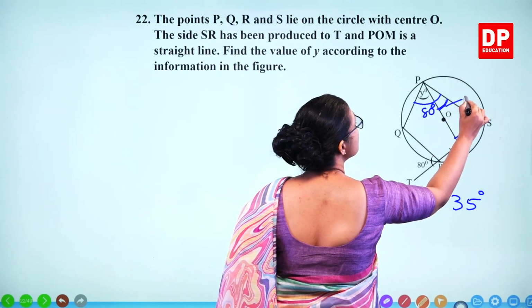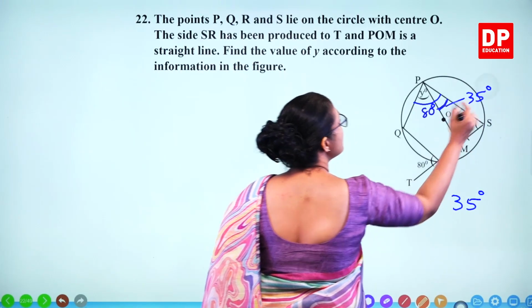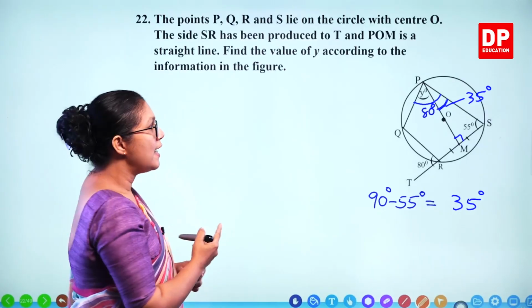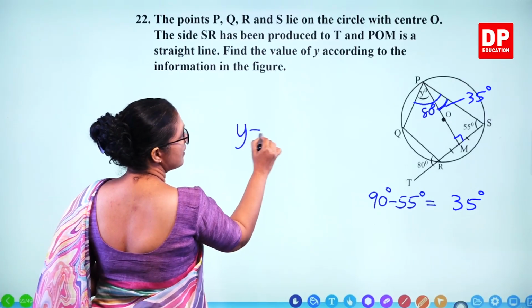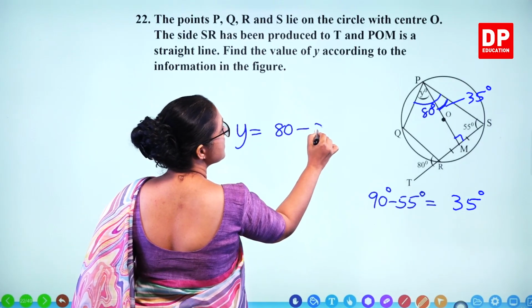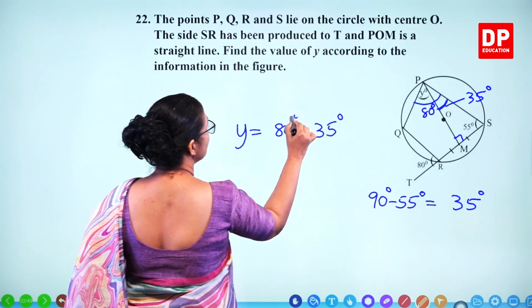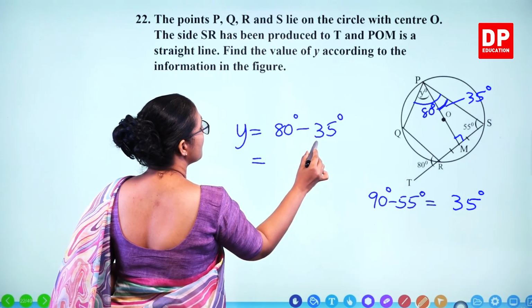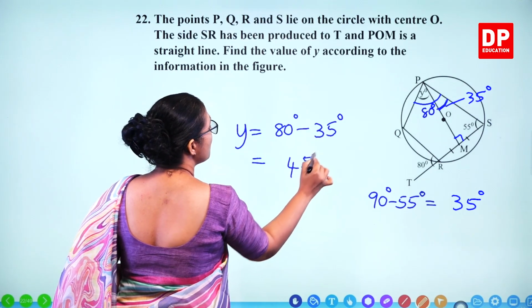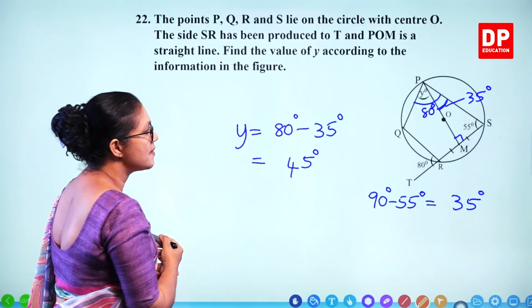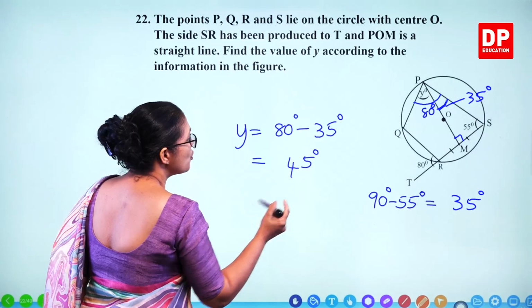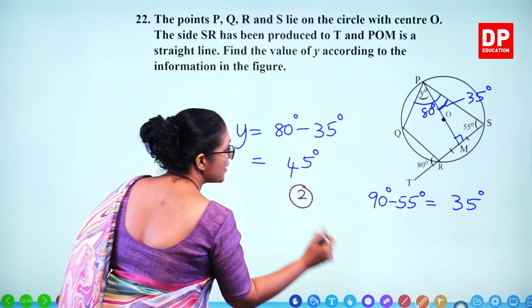So easily you can find the Y value. Y angle is 80 minus 35, 45 degrees is the Y value. So you get 2 marks for that.